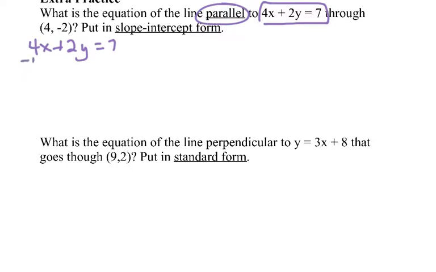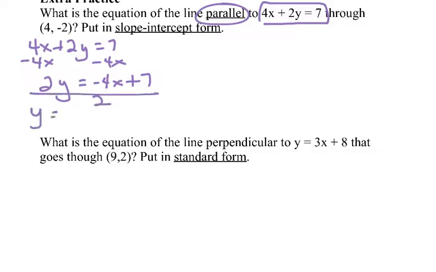For slope-intercept form, we would need to subtract the 4x over. So we have 2y equals -4x plus 7, and then divide everything by 2. So we get y equals -2x plus 7/2. So our initial line has a slope of -2.